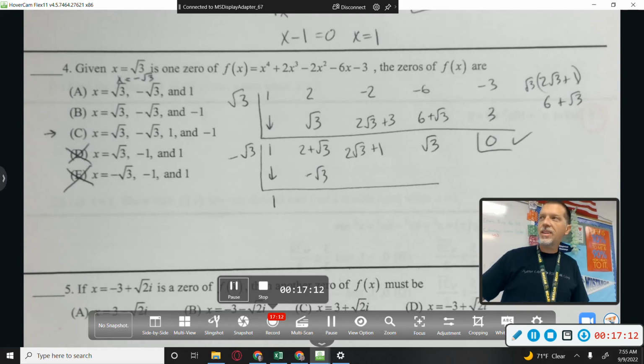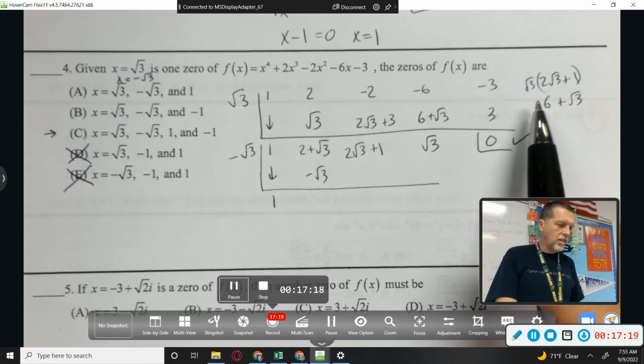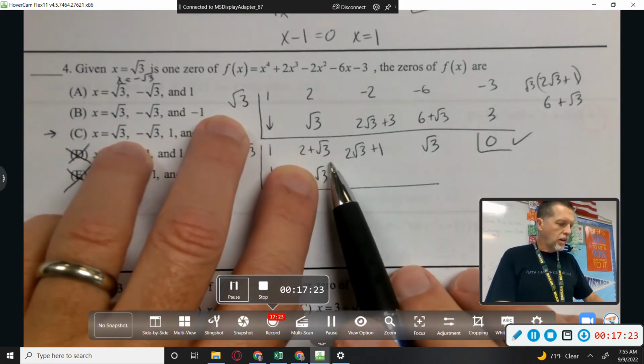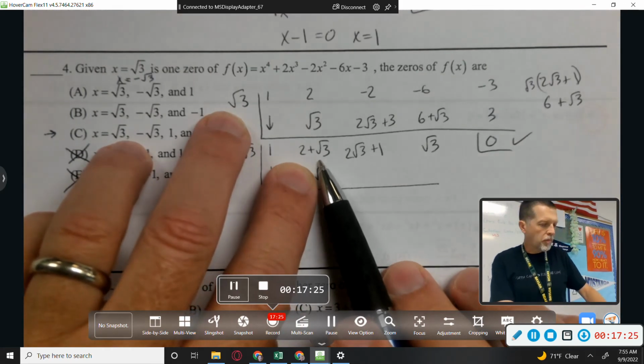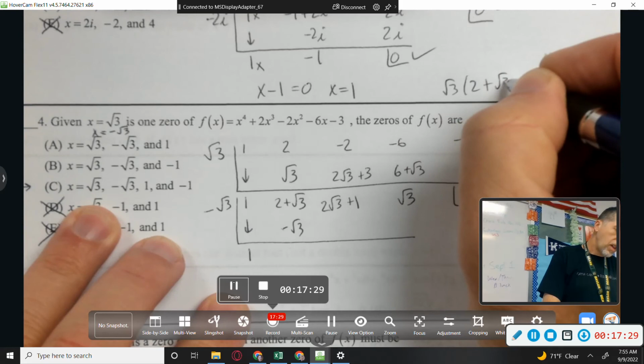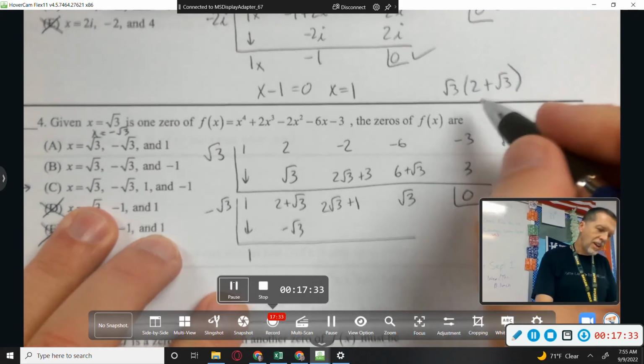How did you multiply square root of 3 times 2 plus square root of 3? How did I multiply? Okay, square root of 3 times 2 plus square root of 3. So again, sometimes it's helpful to write them out to the side. So that would be 2 root 3.